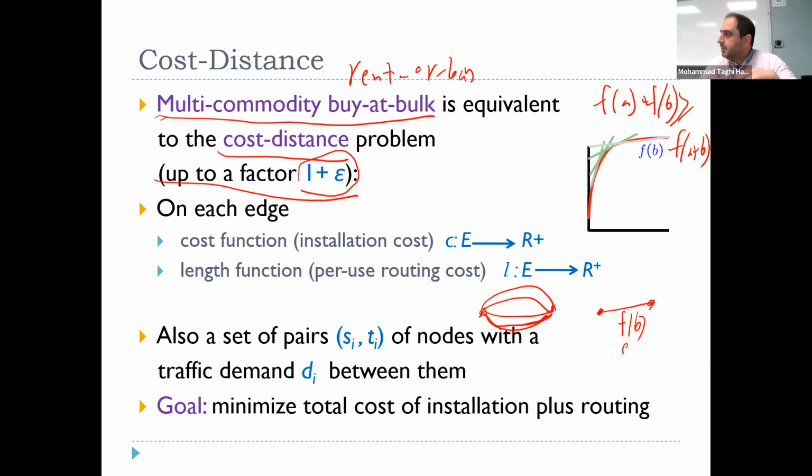In buy-at-bulk, we have this f of e that you need to buy. Rent or buy is like this: for each of these edges, you have two things, an initial cost C plus L times the flow of b, or the bandwidth of b, essentially.